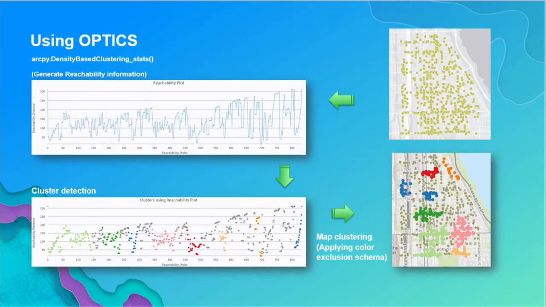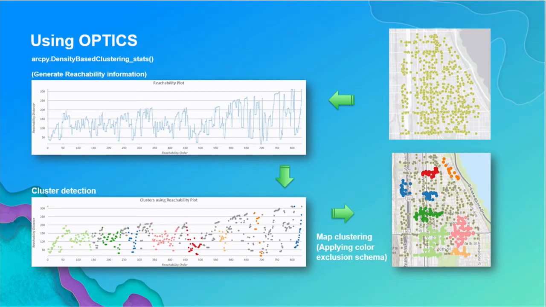What is the process that we have in ArcGIS? Sorry for this introduction, but we need to have a context for the add-in. First, we have a cloud of points, and using the density-based clustering tool, we generate this reachability plot. The system automatically detects the clusters using the reachability plot. This is the same plot: one is represented using lines, and the other is represented using points.